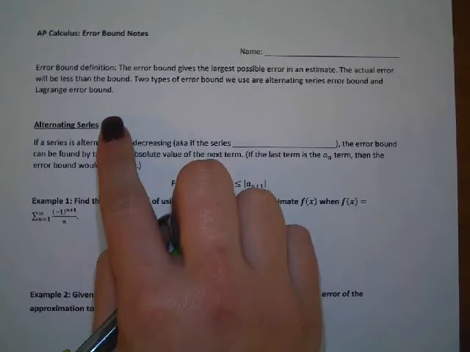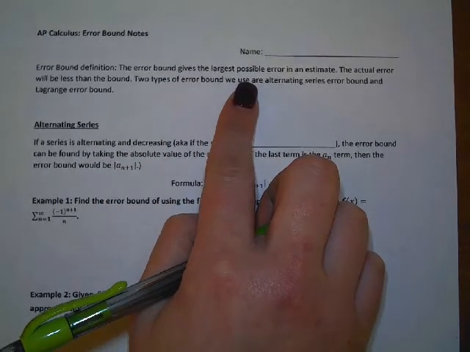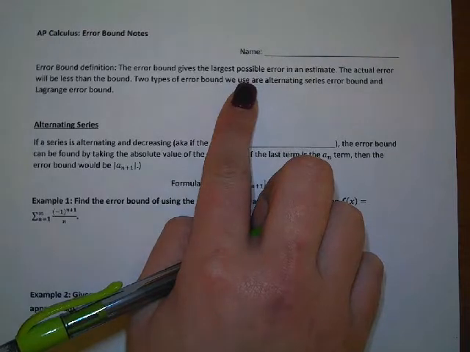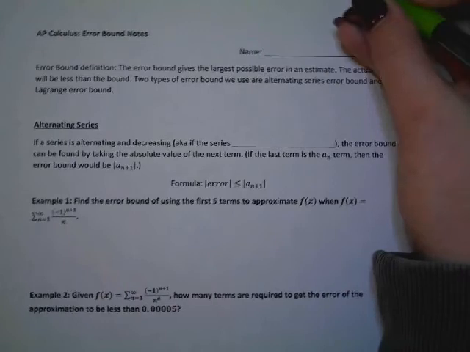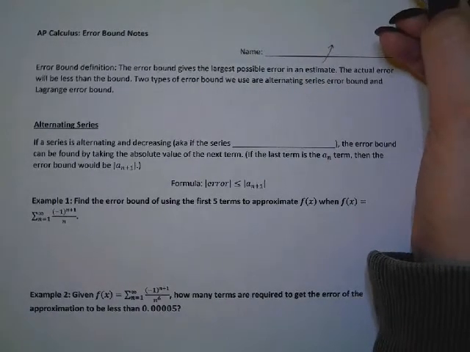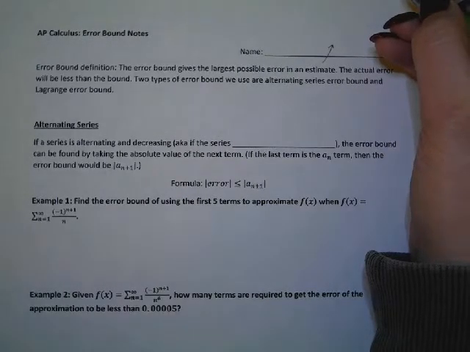So the definition of an error bound is it gives the largest possible error. So when they say, oh, I think that girl's 15, give or take a year, the 1 year would be the bound of how far off you think your guess could possibly be. So the estimate I'm referring to here is using a polynomial to approximate rather than evaluating the function itself.